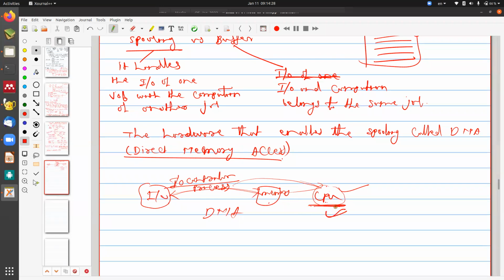The CPU has been involved and has instructed what to do, but once it has instructed, the contractor is doing all these things. Once the contractor does all these things, he informs the officer that it is done. Rather than the engineer being directly involved in transferring this data, the engineer told the contractor to please do these things, and once this work gets over, to please inform him. So that's why, with the help of the DMA, spooling is basically possible.